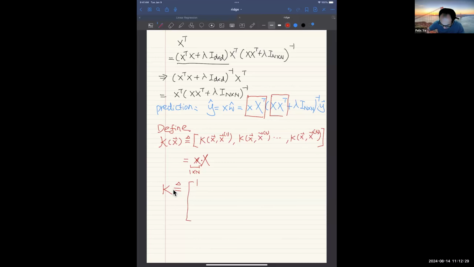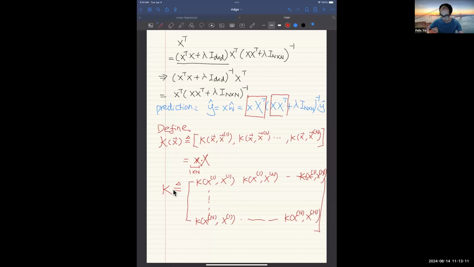This matrix is k(x1, x1), k(x1, x2), and so on. At the end, the last one will be k(xn, xn).